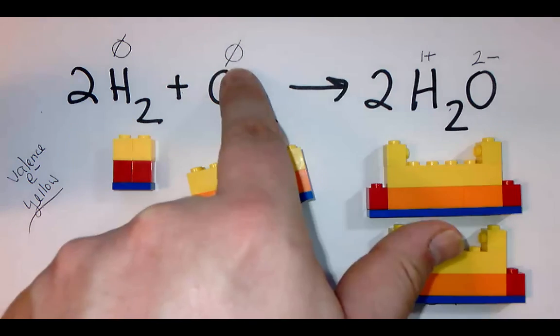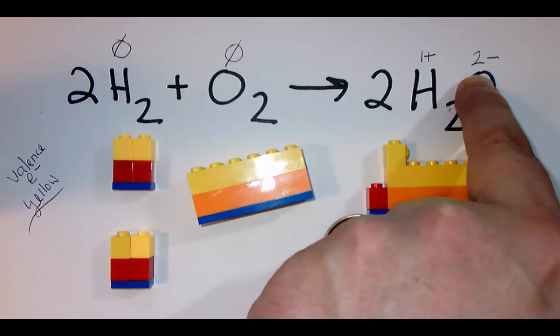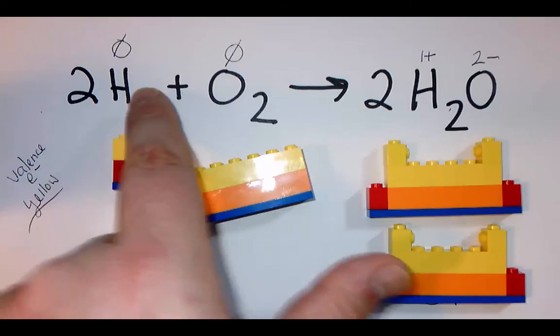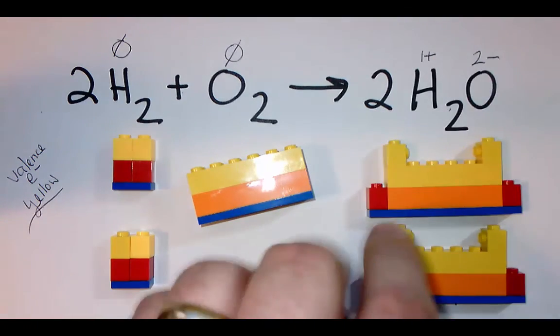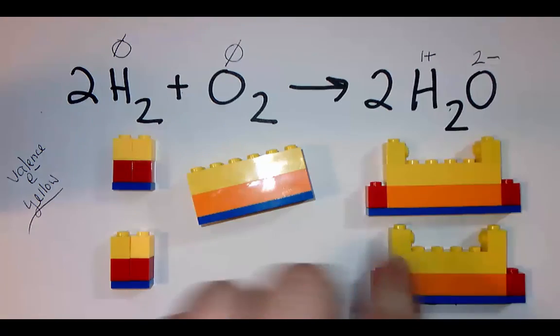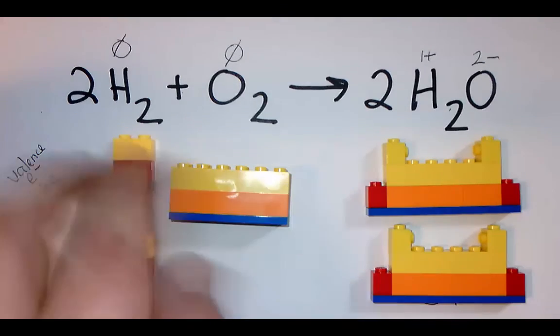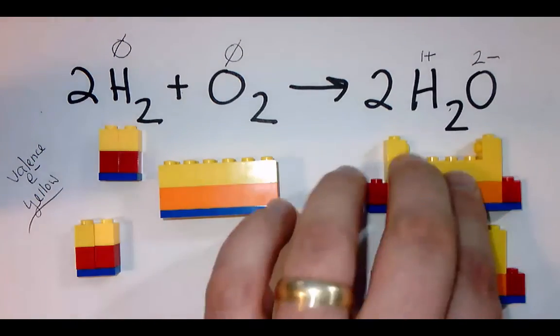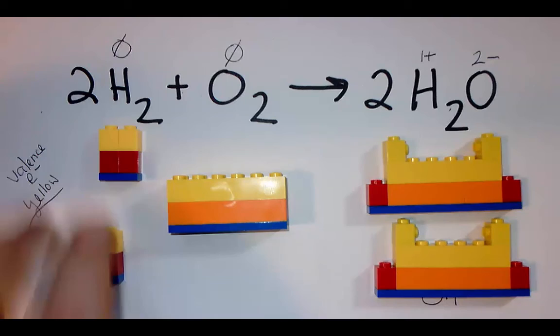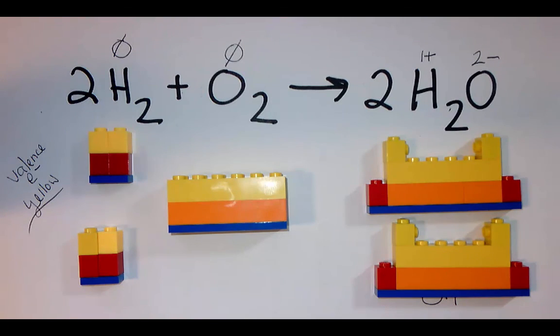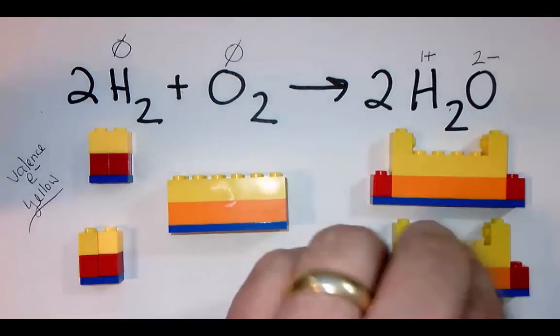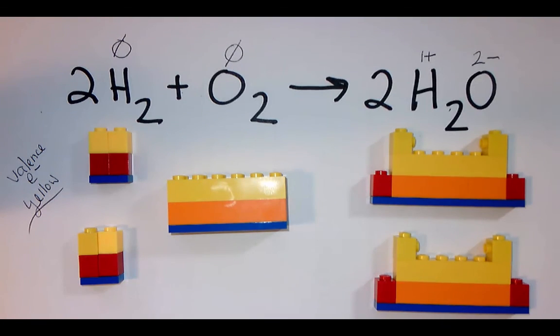So oxygen was reduced in the reaction. Every reduction has matching oxidation. Electrons are conserved throughout the reaction. Atoms are conserved. Everything's balanced. Everything's good. Oxidation and reduction through the reaction of hydrogen, oxygen to produce water. Awesome.